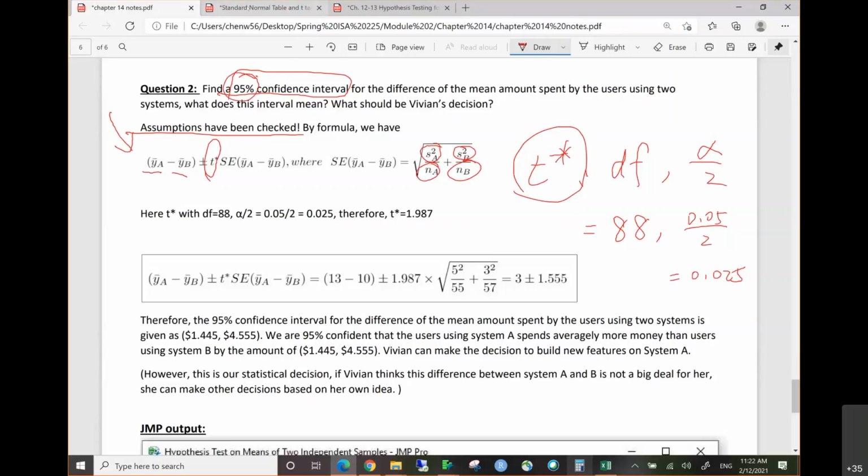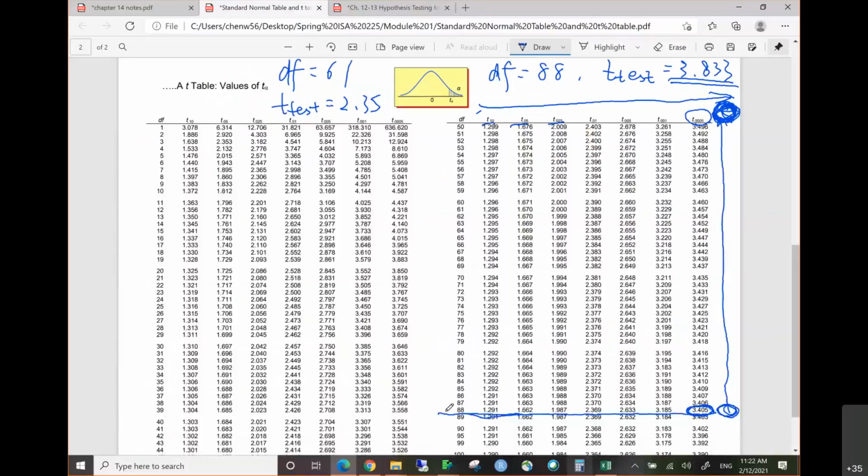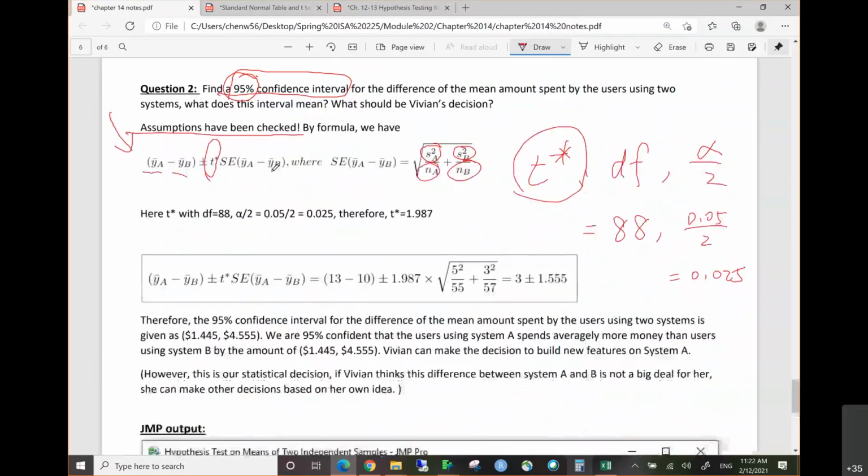We focus on the line of 88, combine with T of 0.025, and go down. So your T star will be 1.987. Once you have the T star, you just plug it into the formula, and everything is done.